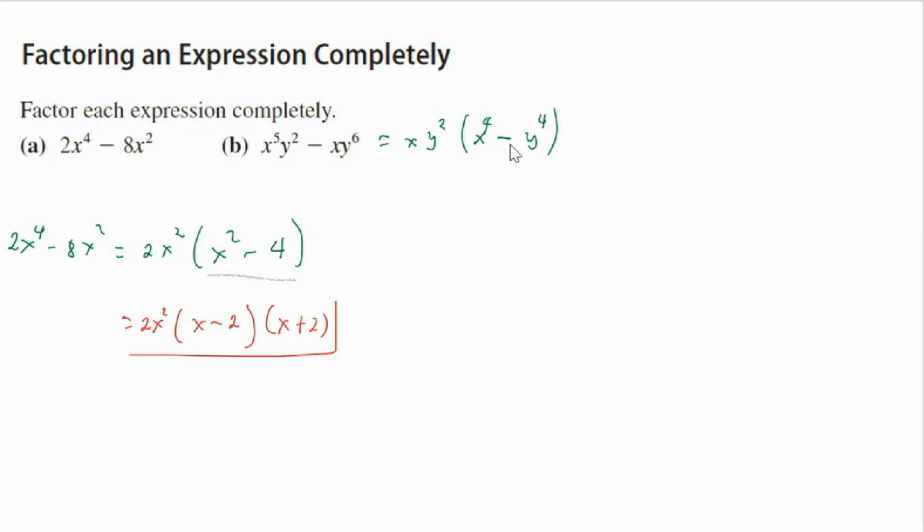And again, this one is still factorable. That is now a difference of 2 squares. Why difference of 2 squares? Because the power of 4 is still a perfect square. Now let us expand further.